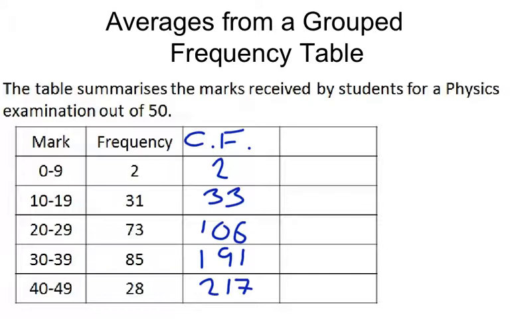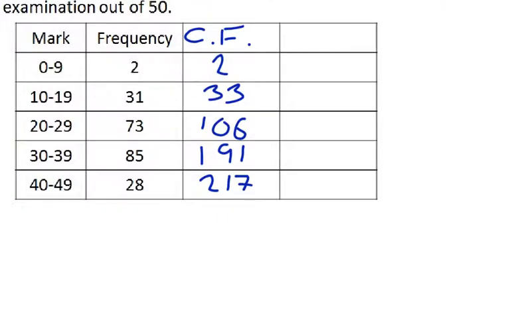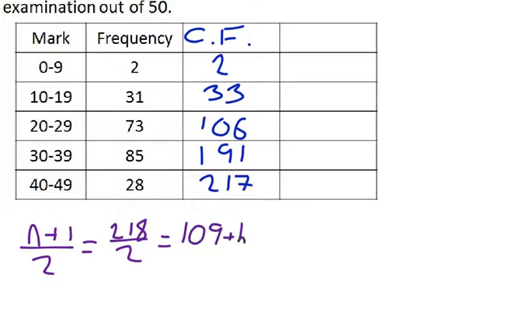We don't need that final column for the median, we just need the cumulative frequency. What we do need to know though is what position the median is in. And the way we do that is using n plus 1 over 2, which in this case is 218 over 2, which means it's in the 109th position.